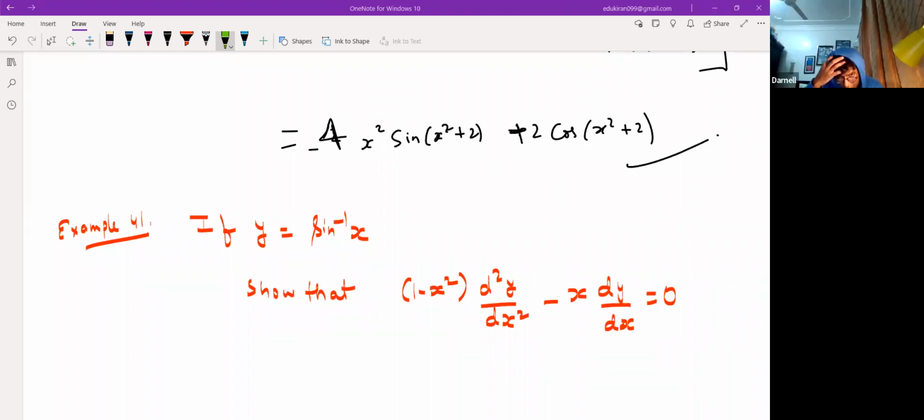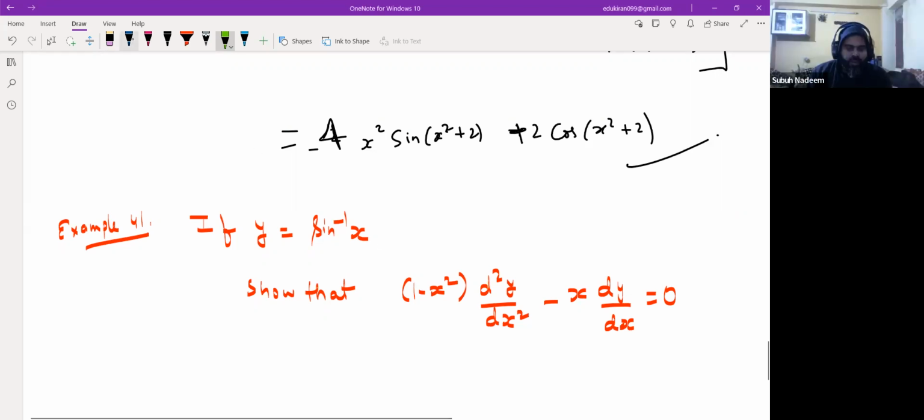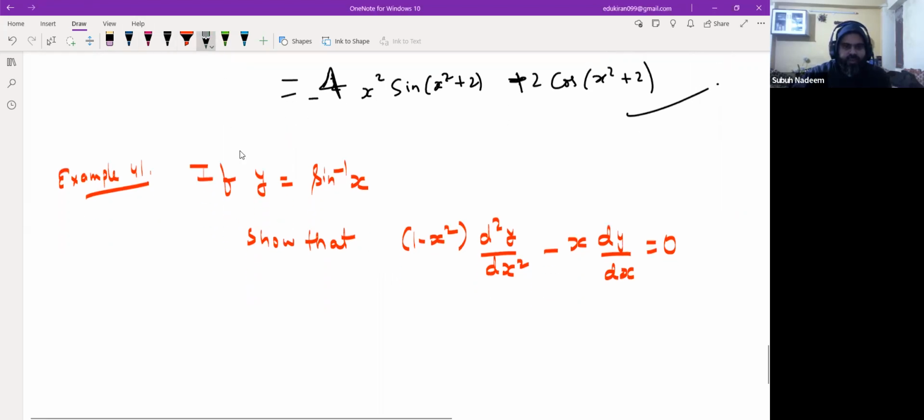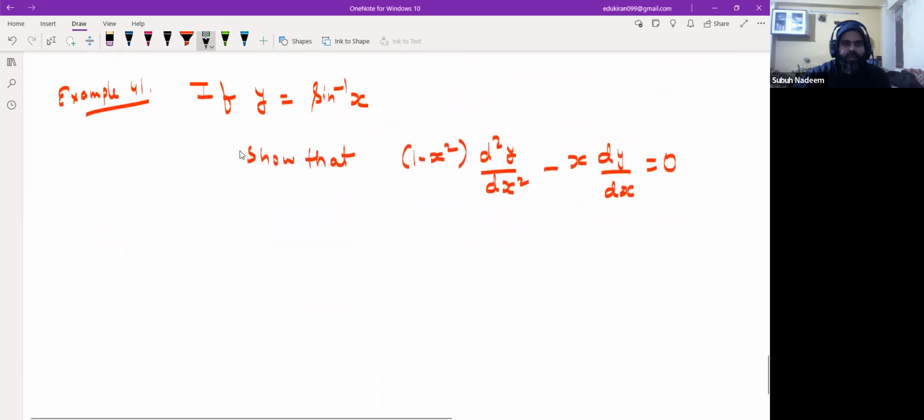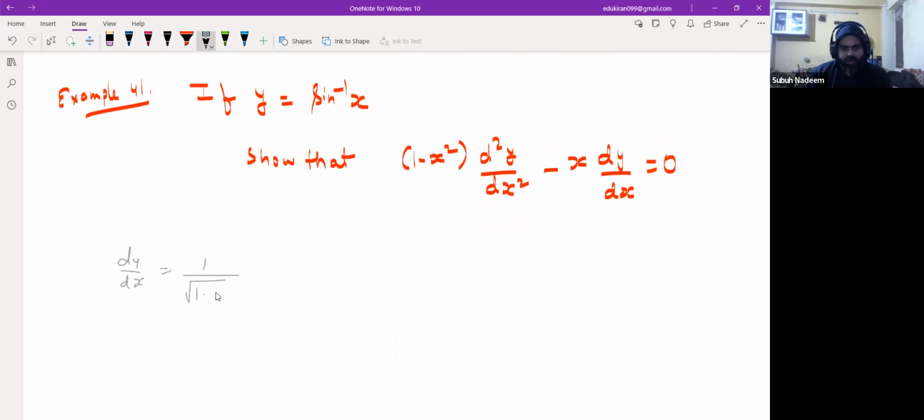So how do you do this? We can first take dy by dx. So y is equal to sine inverse x is there. When you take dy by dx, you will get 1 by root over 1 minus x square, right?